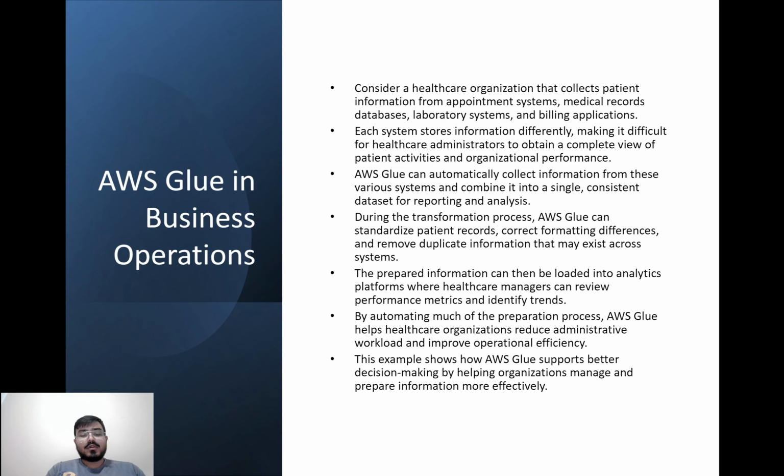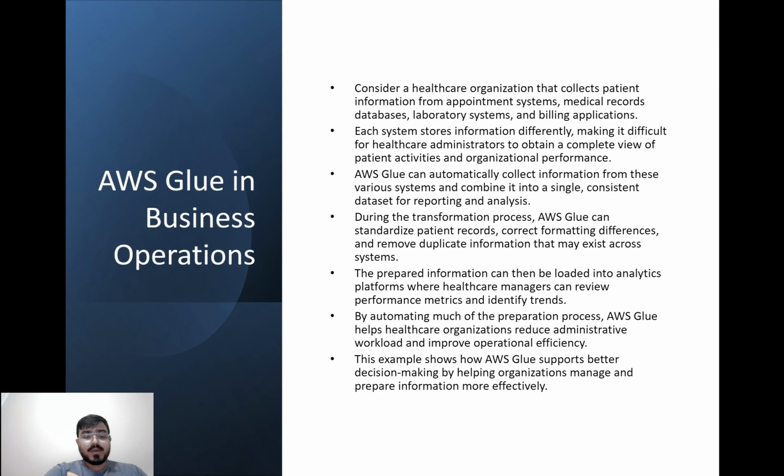AWS Glue helps solve the problem by automatically collecting information from all these sources and combining it into a single consistent dataset. During the transformation process, AWS Glue can standardize patient records, correct formatting differences, and remove duplicate information that may exist across systems.